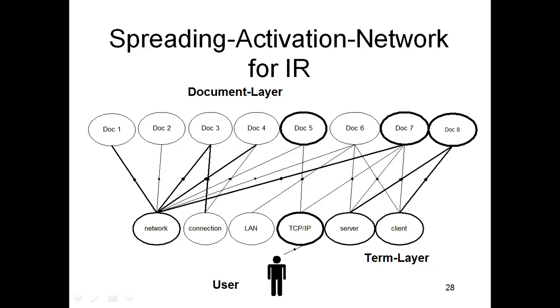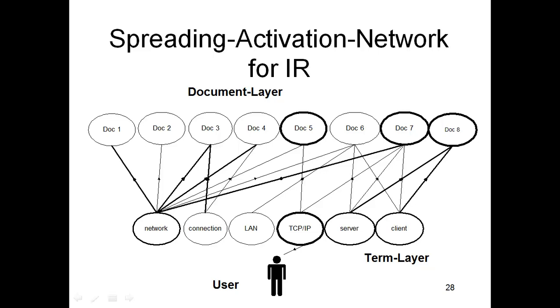They should all be of the same size. Size doesn't matter. Maybe it's squeezed or I didn't draw it nicely, but basically the size should be the same, and the activation level should be illustrated by the line. So, answered? If TCP/IP is activated, document 5 is activated, and also everyone is connected with document 5.